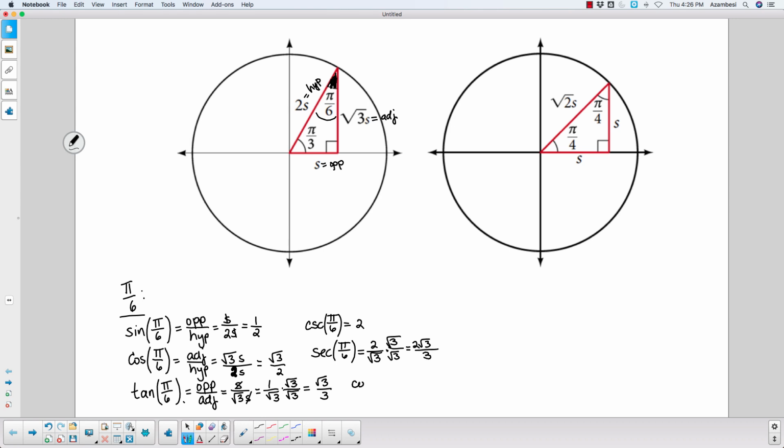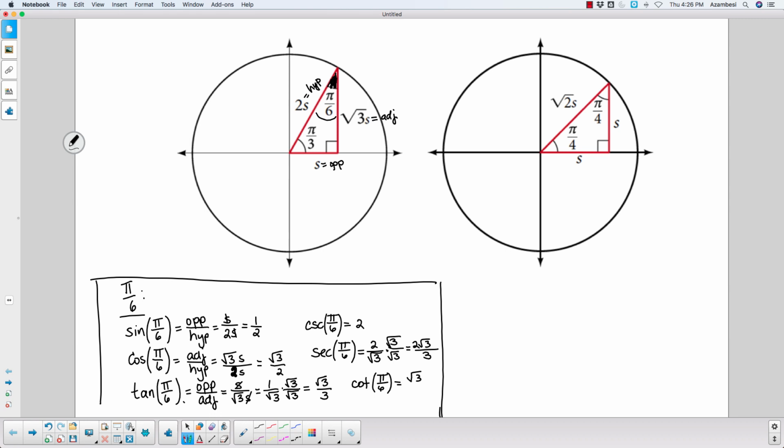And lastly, our cotangent of pi over 6, again, it's the reciprocal. So we started with 1 over the square root of 3, which means that we have the square root of 3 over 1, or just the square root of 3. So these are our values for our pi over 6 special angle.